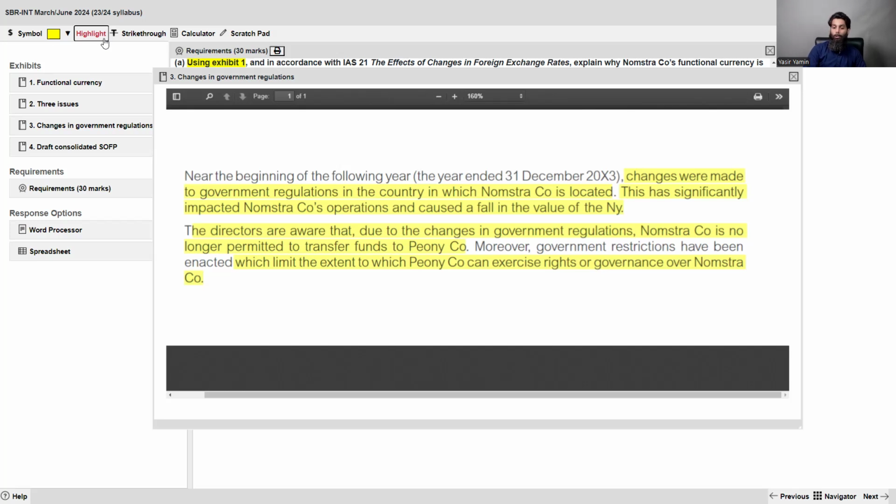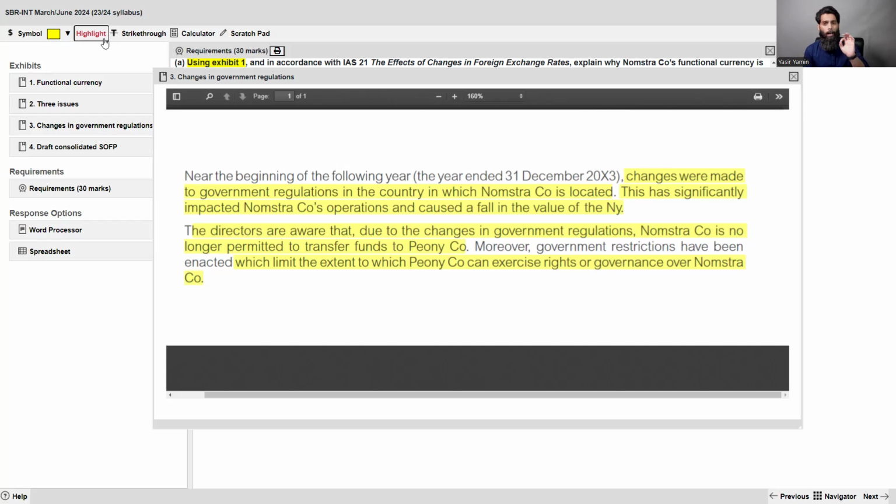Yes, you don't have the right over governance of Nomstra company. Those who are charged with governance are the board of directors. As per the recent enactment of the law, you have no governance right over the other entity. Have you lost control? Yes. Because right now, you don't have the power to exert control over the other entity.